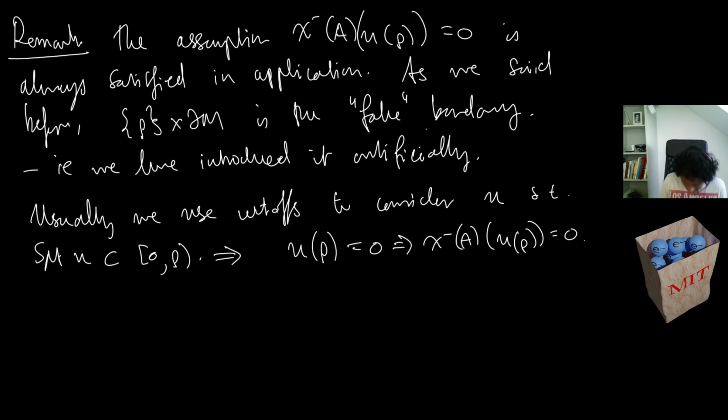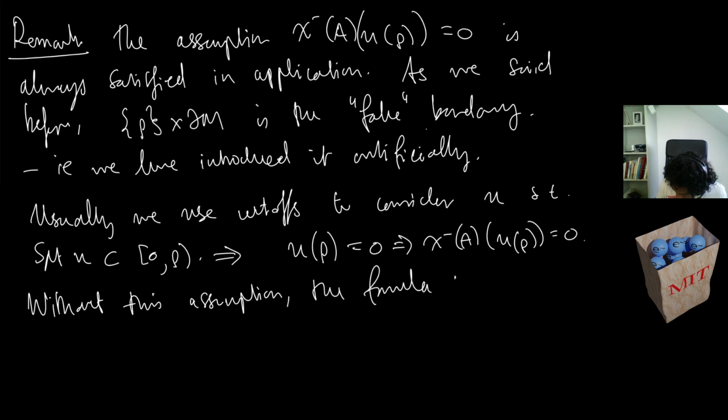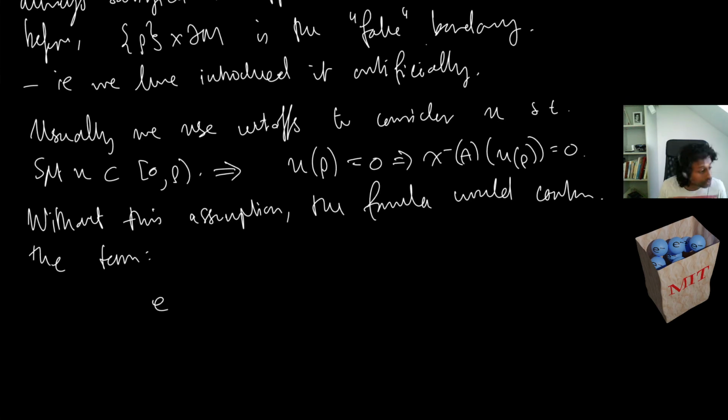Okay. Without this assumption, the formula would contain the term e to the minus rho minus t modulus a chi minus of a u of rho, right?